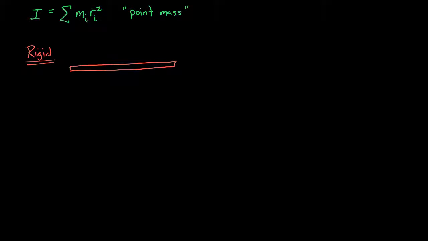But there's just a few of them that I think you should keep in mind. Like a bar rotated about its end. It has a moment of inertia of 1/3 ML squared, where L represents the length of the bar.